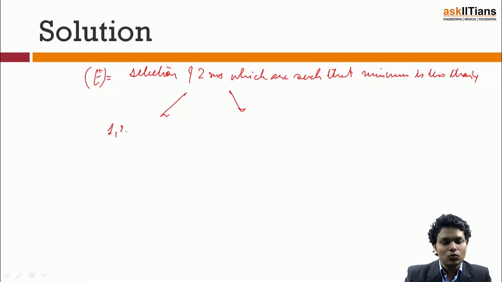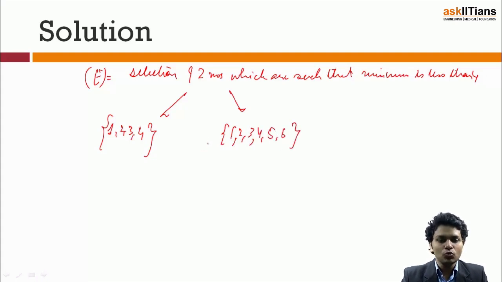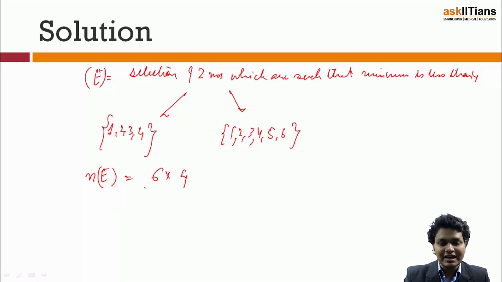First will be the group 1, 2, 3 and 4, and second will be the complete group 1, 2, 3, 4, 5 and 6. From these 2 parts I can select the set of 2 numbers such that the minimum of the numbers is less than 4, which is nothing but 6 into 4. So hence I have the total number of cases which are favorable for this event.